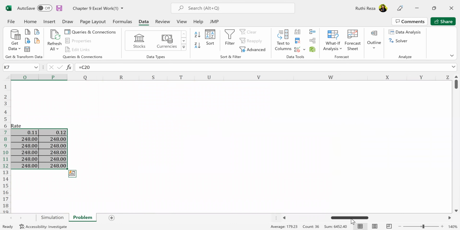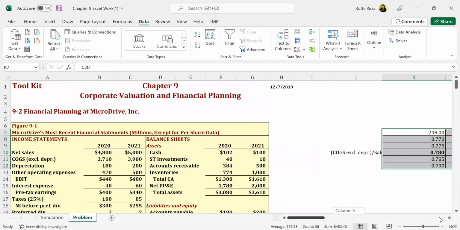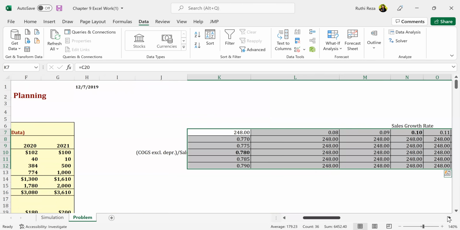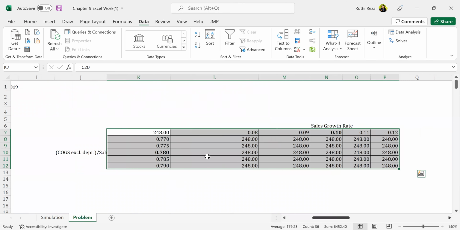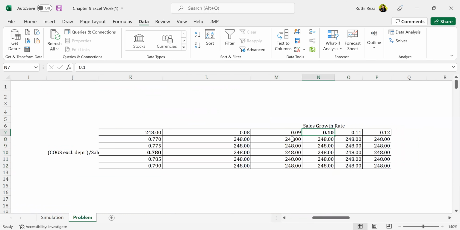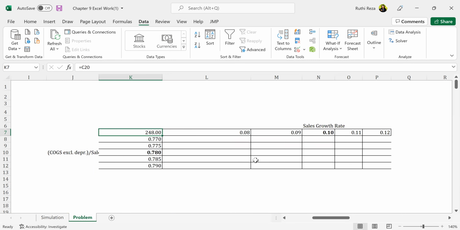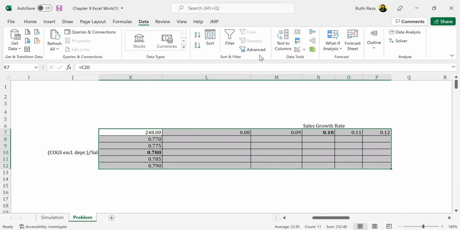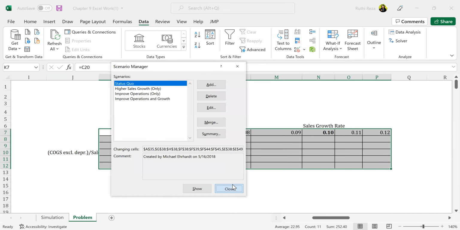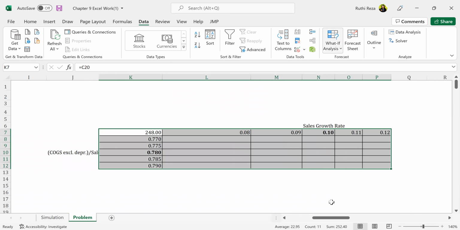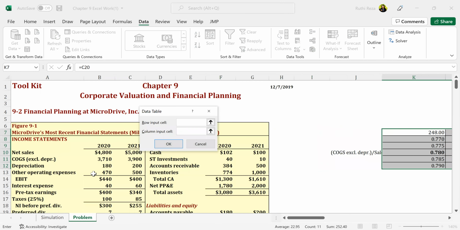Then go up and check the table. Now you can see. Oh, we did something wrong. So let's see this. Okay. We did something wrong. Let us do it one more time. Choose the entire area, then what if scenario, data table, and then row input.